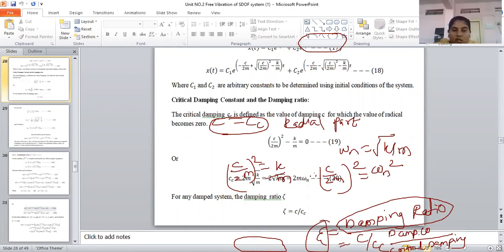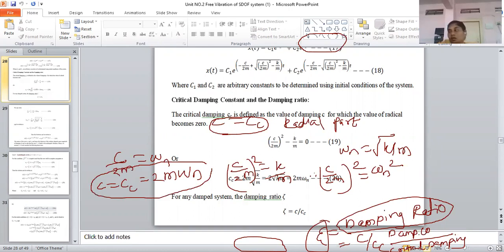By taking root on both sides, C upon twice m is equal to omega n. So C equal to Cc, we can directly write Cc is equal to twice m omega n. That is the critical damping coefficient, equal to twice m omega n. And already we know the zeta value: zeta is equal to C upon Cc.